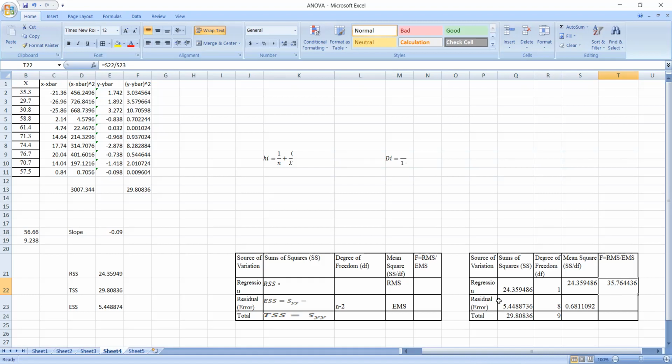You can reject your null hypothesis when the calculated F value is greater than the table F value.